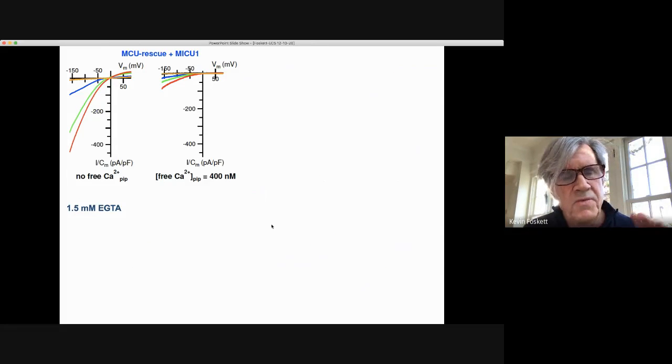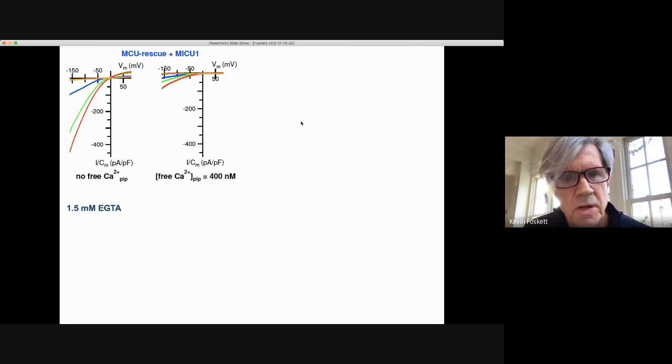And so here we've taken MCU knockout cells, rescued them with MCU, added MICU1, because Riley Payne has determined that in order to get stoichiometry right, we have to do it this way. You can't just overexpress MCU.